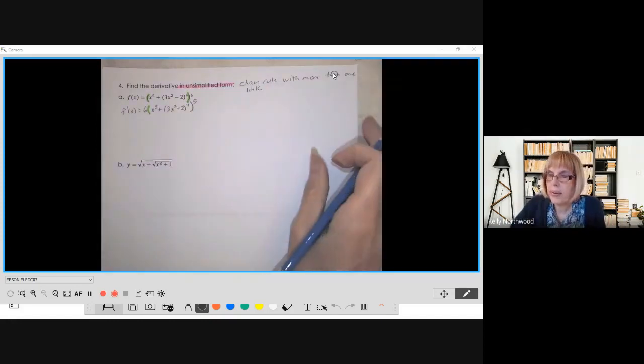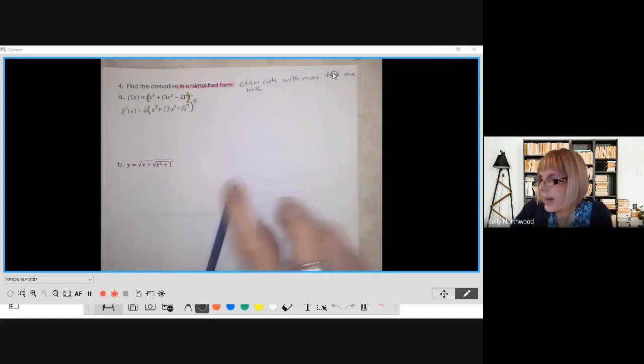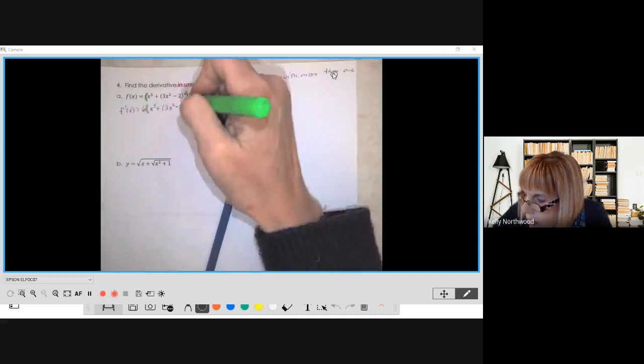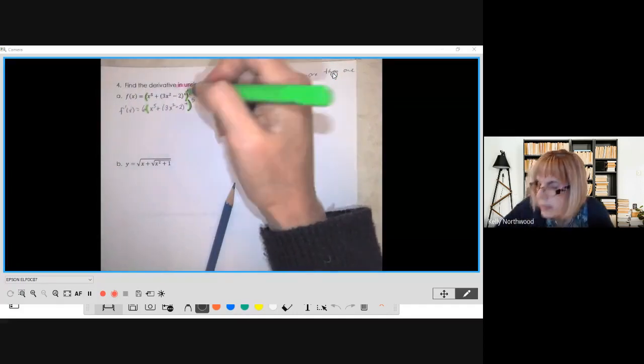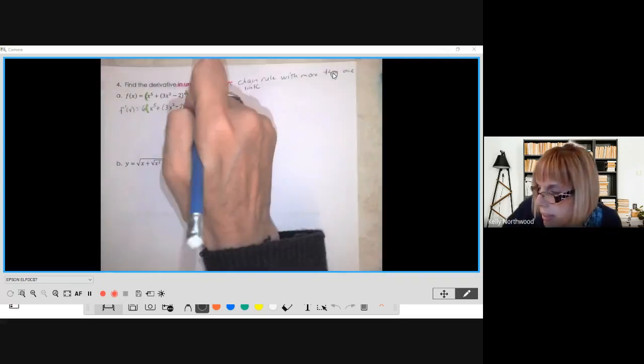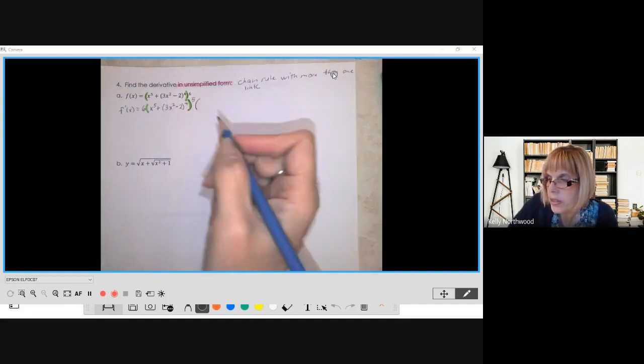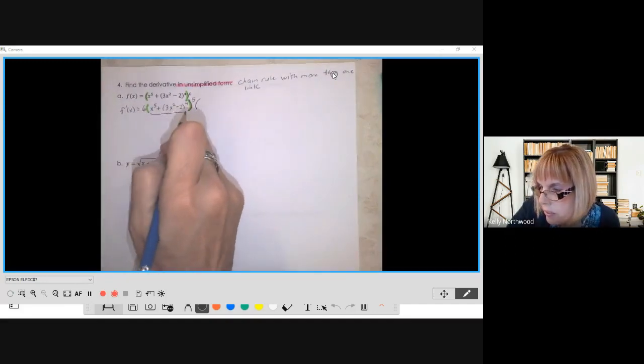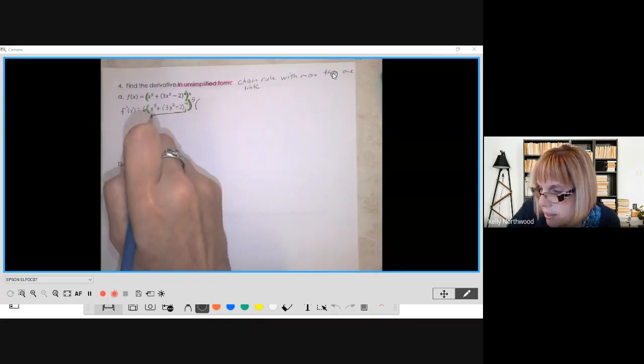So that's just the outer derivative. Does everyone see that's the outer derivative? And once we've got the outer derivative, we multiply that by the inner derivative, the derivative of what's inside.